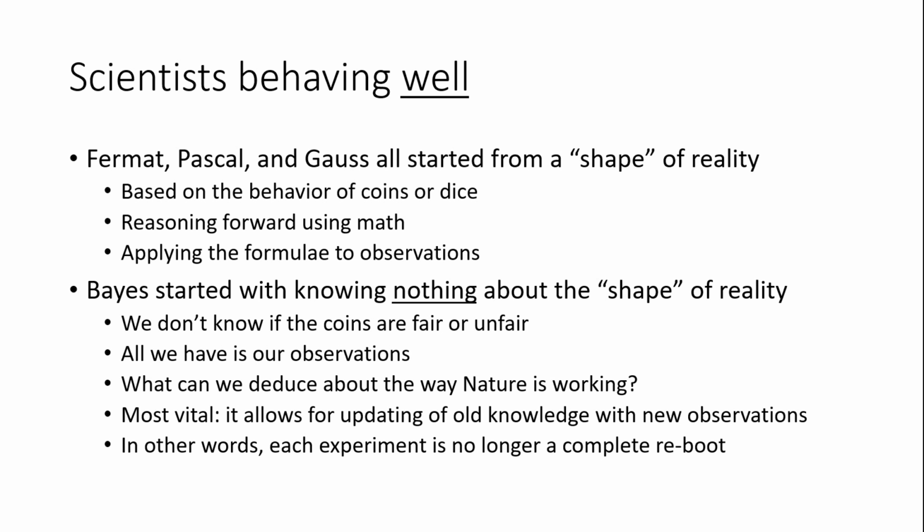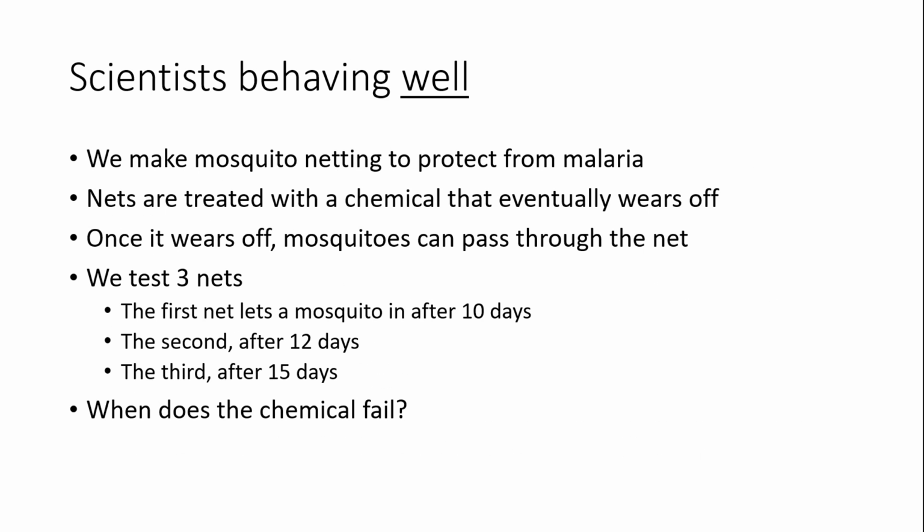In the frequentist world, each experiment is a reboot, and then you have to do an after-the-fact meta-analysis to combine findings. But with Bayes, you can start with an estimate from an earlier experiment and tweak it based on new observations. So let's say that we make mosquito nets to protect people from malaria. They're coated with a chemical that eventually wears off in the tropical heat, and once it wears off, mosquitoes can get through the net.